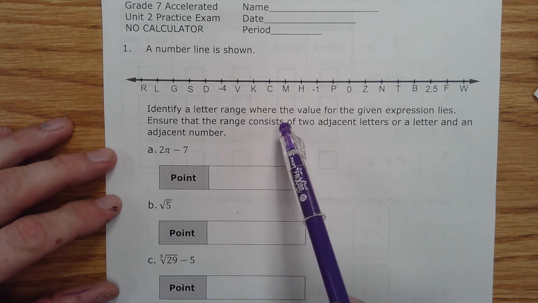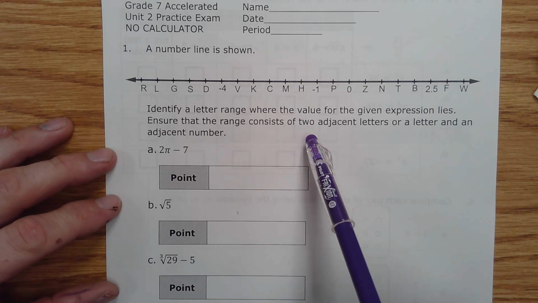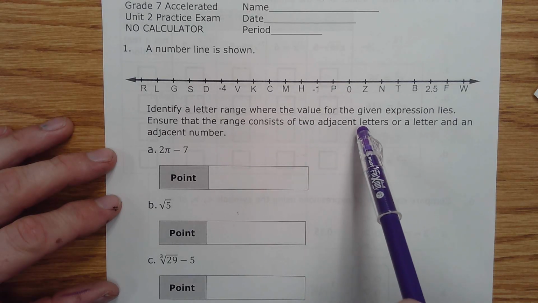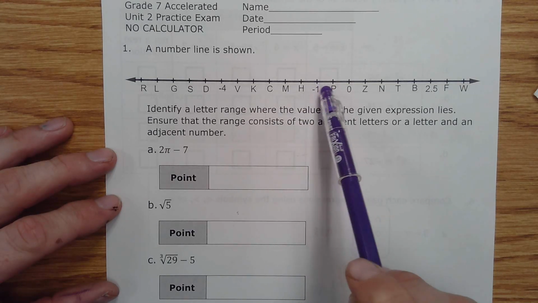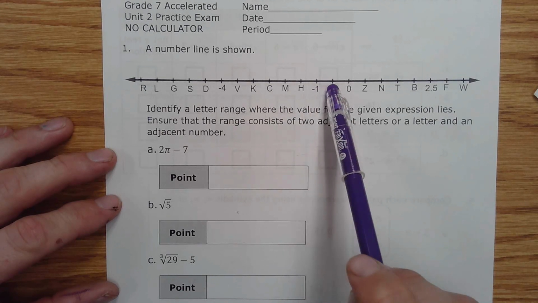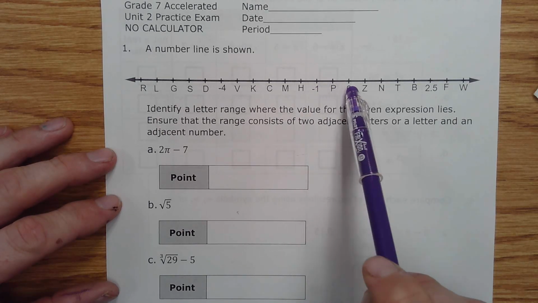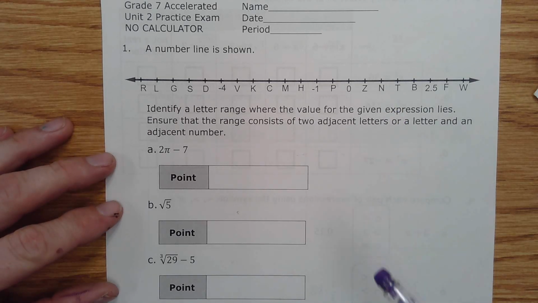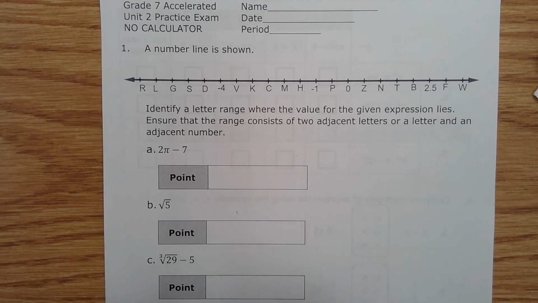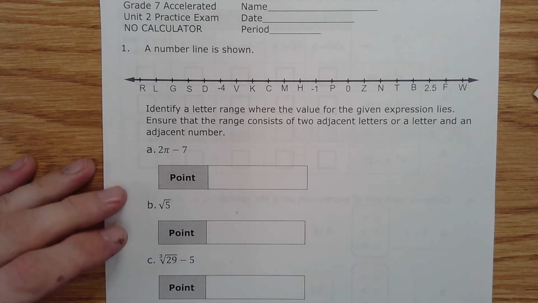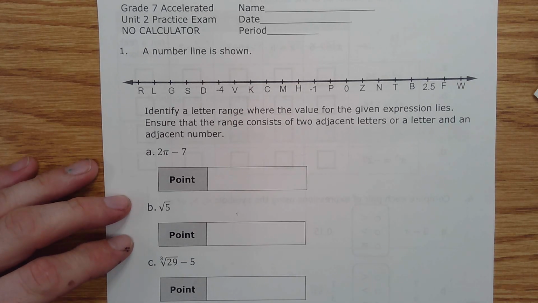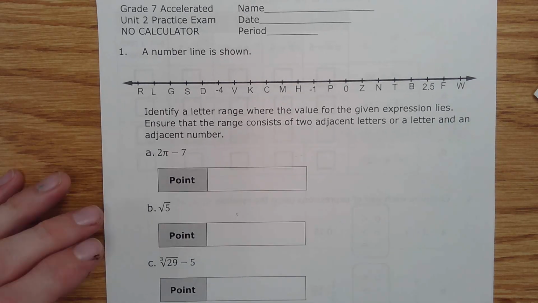Ensure that the range consists of two adjacent letters, meaning the next two letters, or two numbers right next to each other. So here you just have to recognize what the two numbers are, give a ballpark, and figure out what the best guess would be.